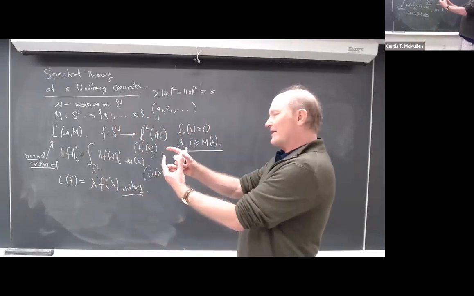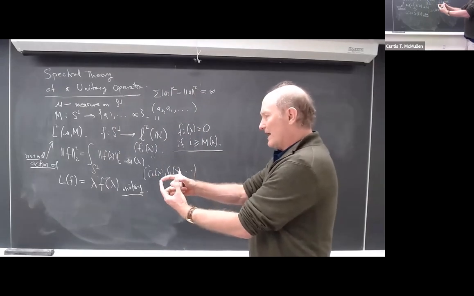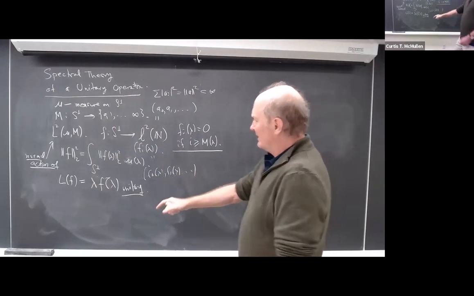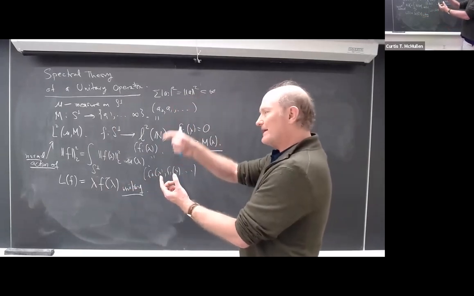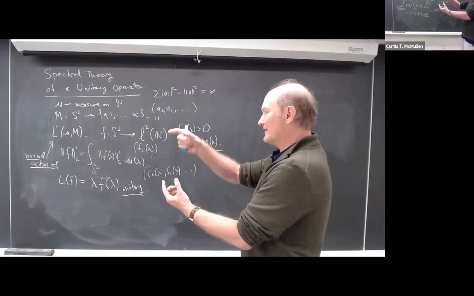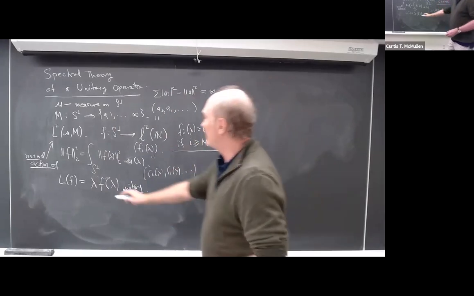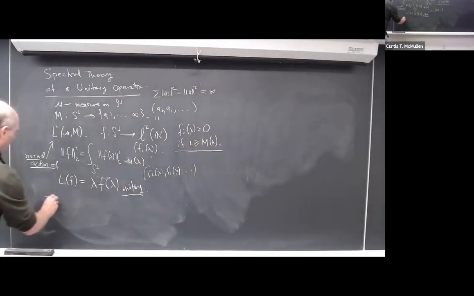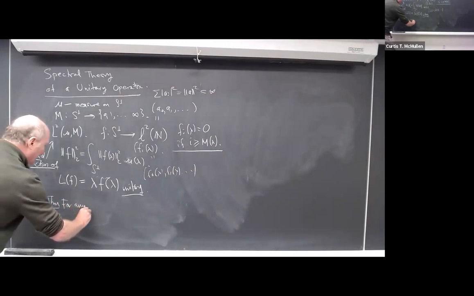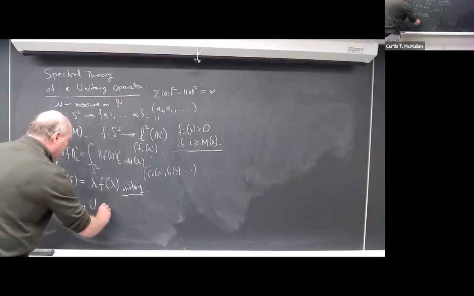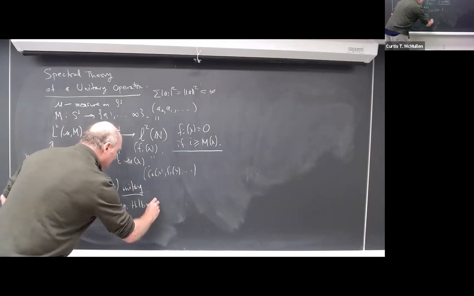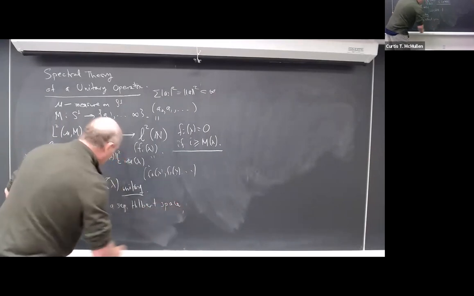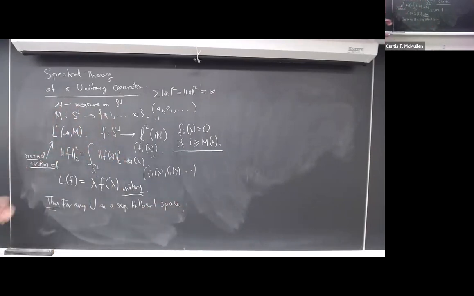And the idea is that when we're close to some value lambda naught, the functions supported near that point are approximate eigenfunctions with eigenvalue lambda naught for this operator L. And then the spectral theorem says that for any unitary operator U, and technically we should say on a separable Hilbert space, it's modeled on one of these.